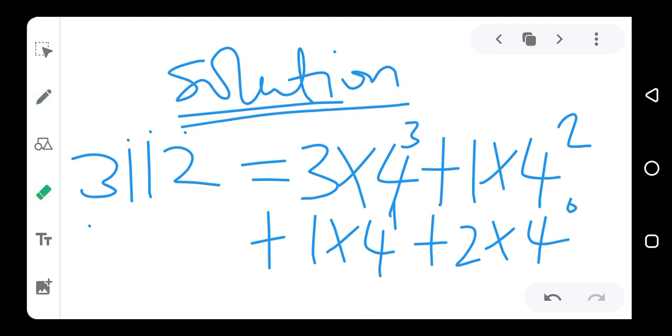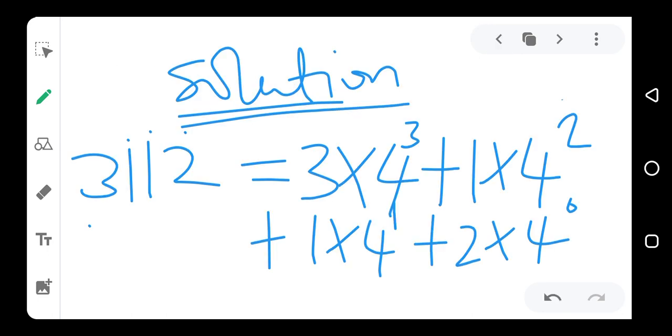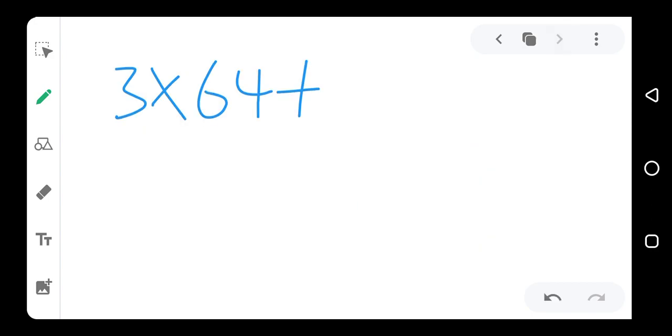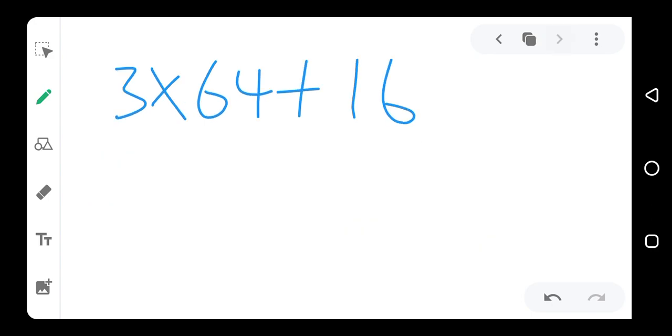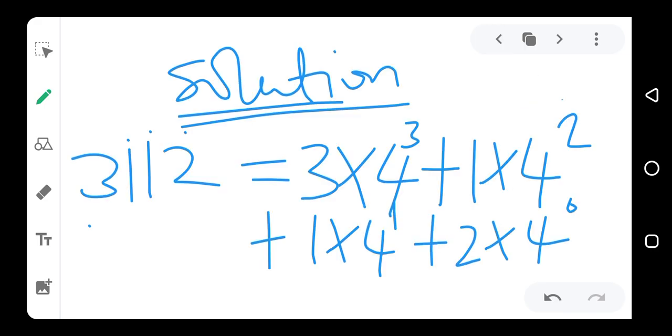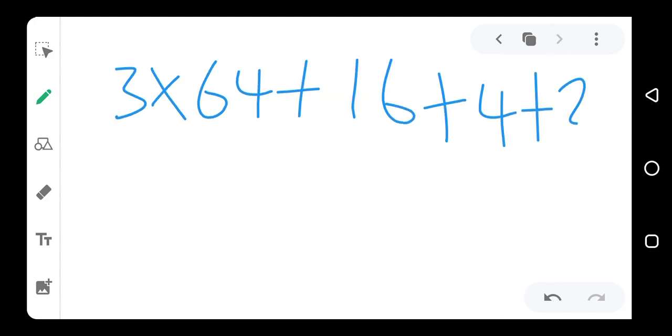So we are going to have 3 times 64, plus 4 raised to power 2 is 16, 16 times 1 is 16, plus 1 times 4 raised to power 1, 4 raised to power 1 is 4, and 4 times 1 is 4, plus 4 raised to power 0, anything raised to power 0 is 1, 1 times 2 is 2, plus 2.